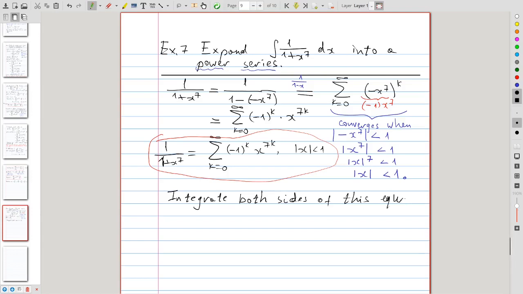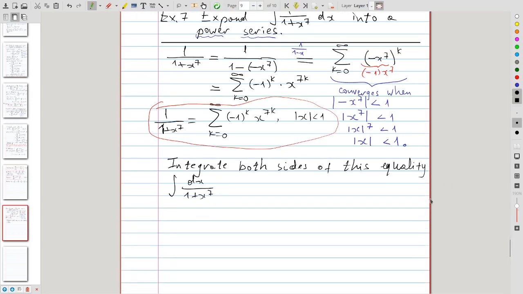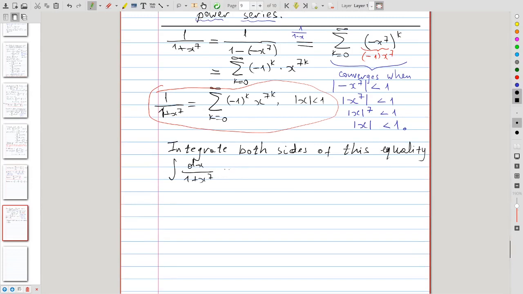On the left-hand side, we will have the integral of 1 over 1 plus x to the 7th, as desired. So this is the function we wanted to represent by power series in the first place. On the right-hand side, we have to integrate this infinite power series. And this equality holds for x's with absolute value less than 1.